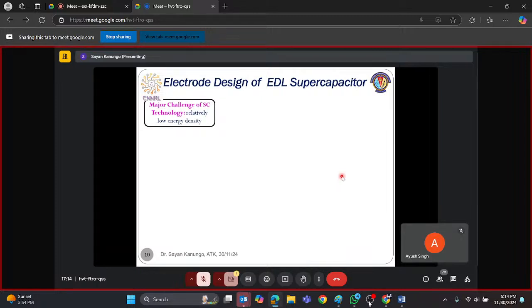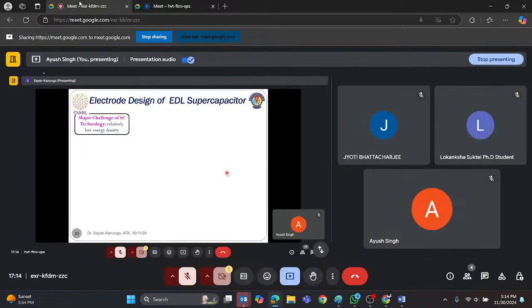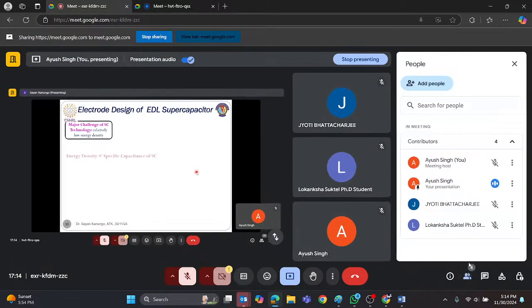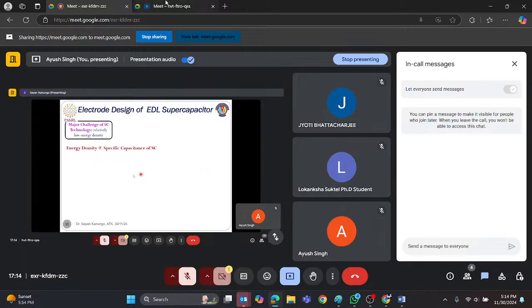Compared to batteries, the supercapacitor gives a large power density. However, compared to the same conventional battery, supercapacitors fall short on the energy density aspect. Before that, I would just like to indicate that the energy density in the supercapacitor is directly related to its specific capacitance.